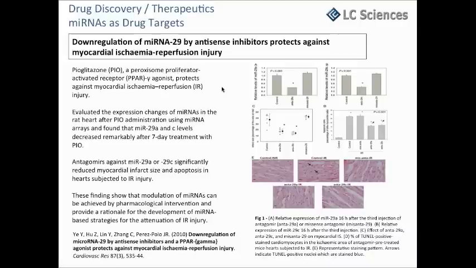And yeah, in the figures they just show again here, for example, figure A summarizes the array results for 29A. It shows the relative expression levels of the control, and then how the expression levels change based on the injection of antagomir to 29A or missense antagomirs.